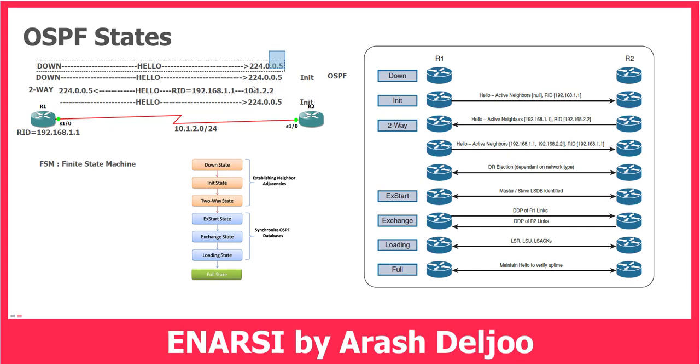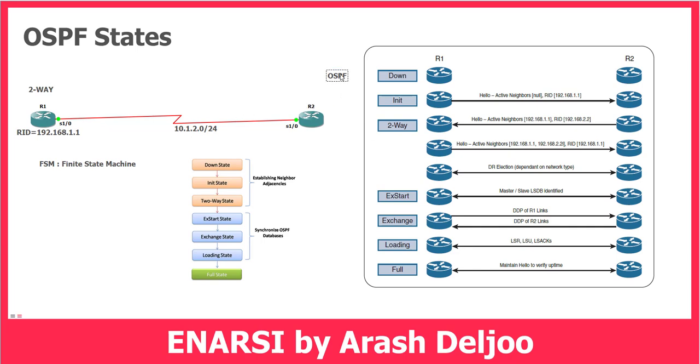Because of that, router 2 can understand that router 1 received its hello, and now both sides are in two-way. Don't think that this process is a one-way process. In most cases, you can see this process occurring at a similar time: down, init, and then two-way. Both router 1 and router 2 should pass these three states.